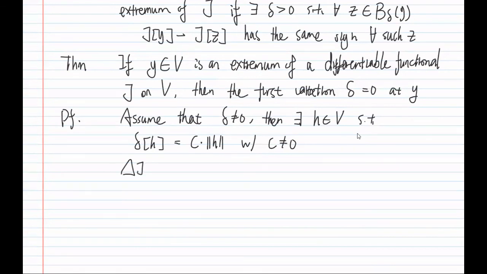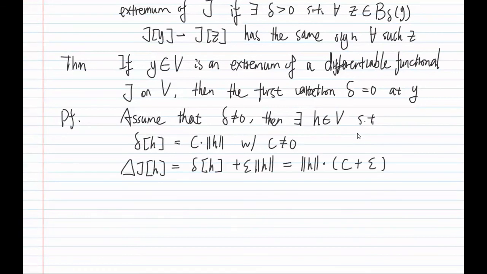So delta J h would equal this lowercase delta h plus epsilon times the norm of h, but this also equals the norm of h times c plus epsilon. Let me just say c would equal delta h divided by the norm of h.